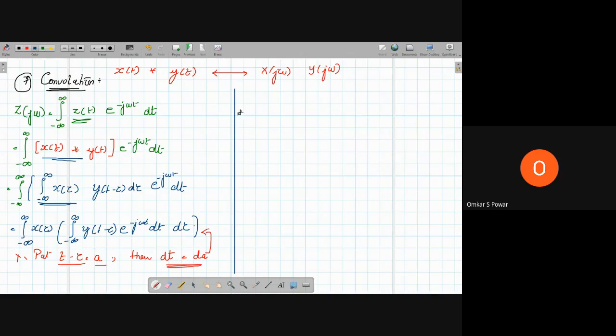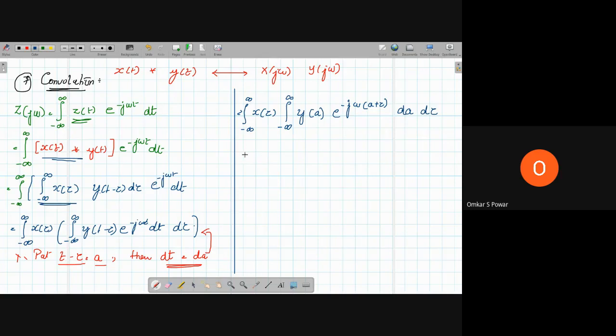So it will be equal to the integral from minus infinity to infinity of x of tau, integral from minus infinity to infinity of y of t minus tau, which I can write as y of a, into e power minus j omega t. We have substituted t minus tau is equal to a, so t is equal to a plus tau, into da into d tau, because dt is equal to da and d tau will be there as it is.